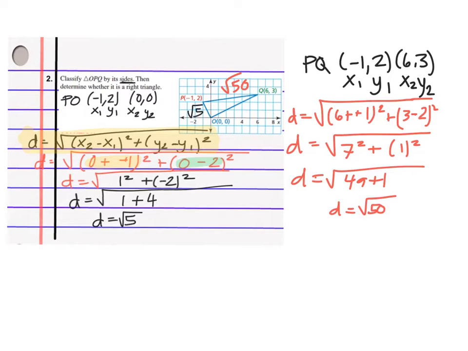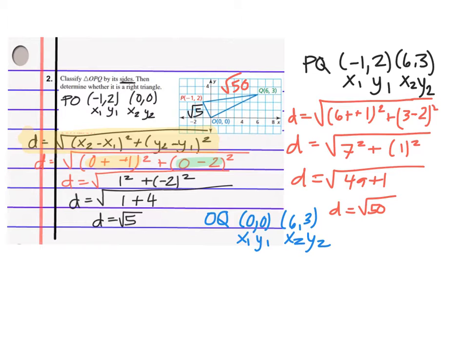All right, lastly, I'm going to find the distance. Okay, so we did PO, we did PQ, let's do OQ. So I have 0, 0, and then Q is at 6, 3. And I'm going to label x1, y1, x2, y2.